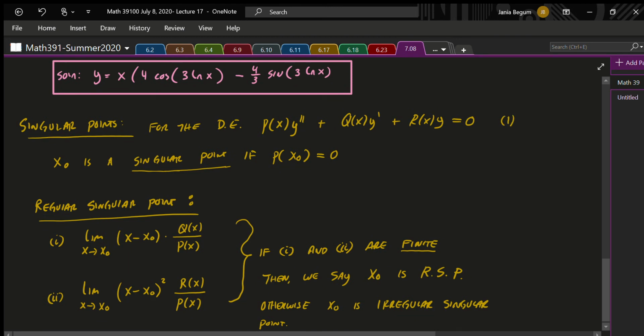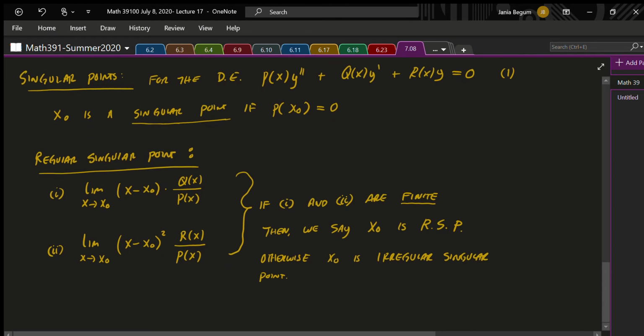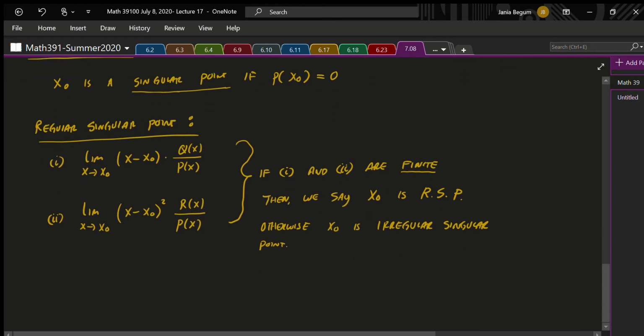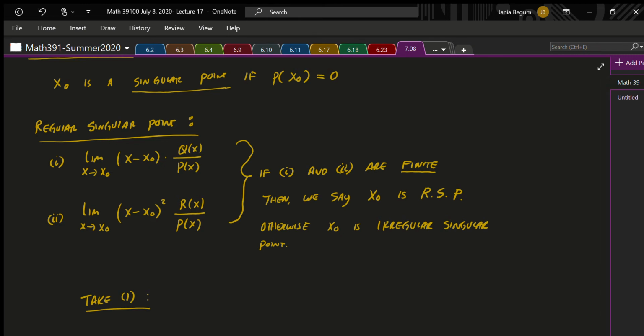Okay, so the differential equation p of x y double prime plus q of x y prime plus r of x times y equals 0. So take that differential equation and divide through by p of x. Okay, so if you do that, we have this. So take equation 1. I just want to show you a quick illustration of why these limits are finite and why it works, okay?